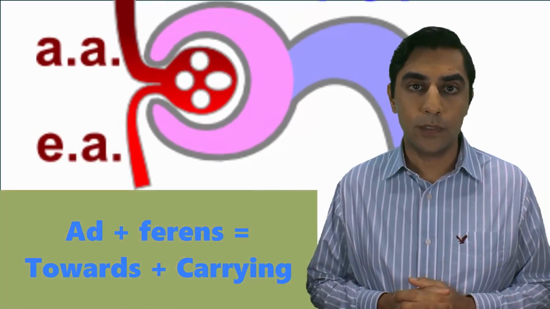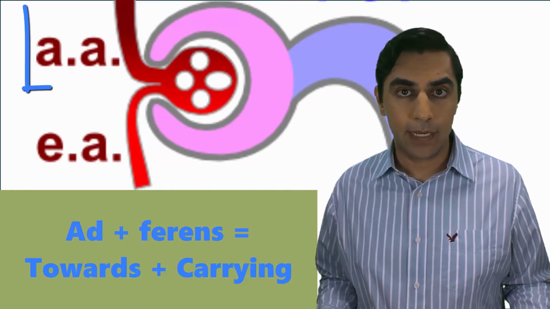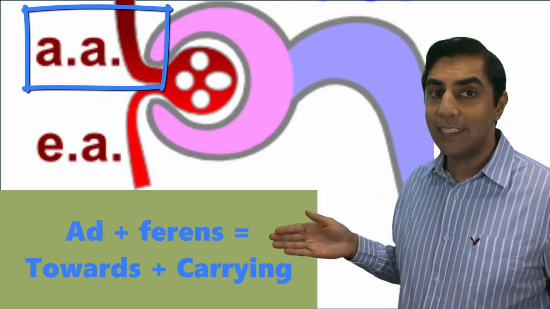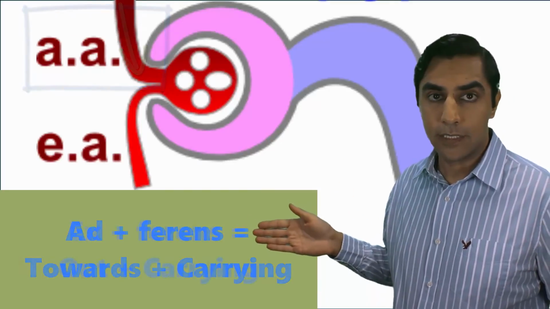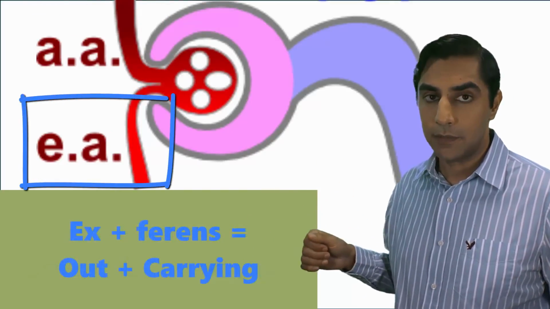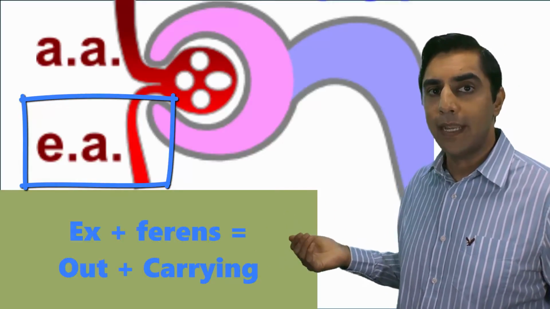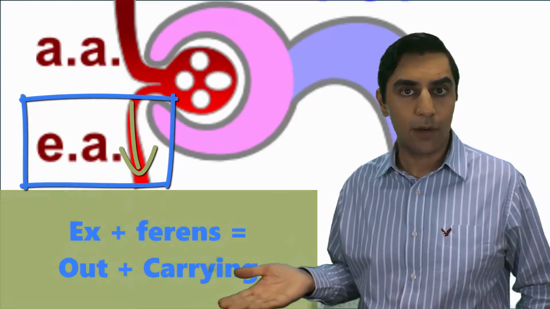From the Latin word roots ad, meaning to or towards, and ferens, meaning carrying, we have the afferent arteriole, the carrying toward arteriole. We also have the efferent arteriole, from the Latin roots ex, meaning out, and ferent, again meaning carrying. That is the exferent or efferent, or carrying out arteriole.